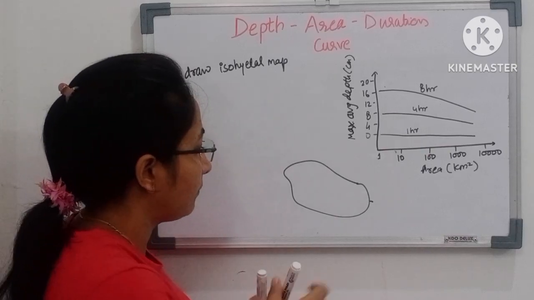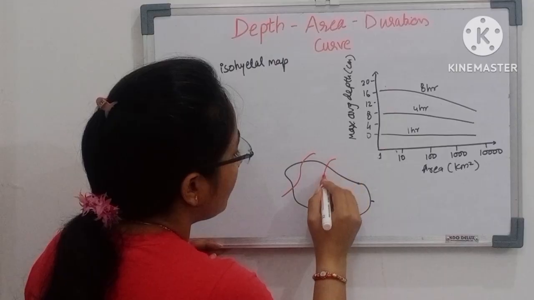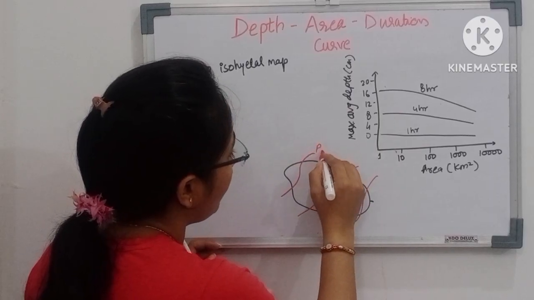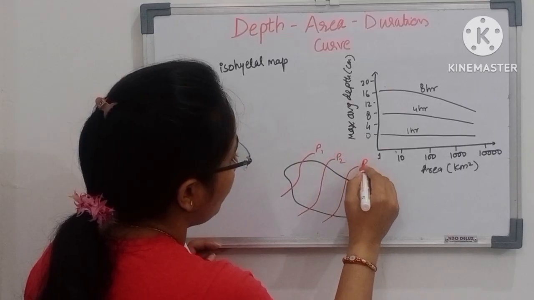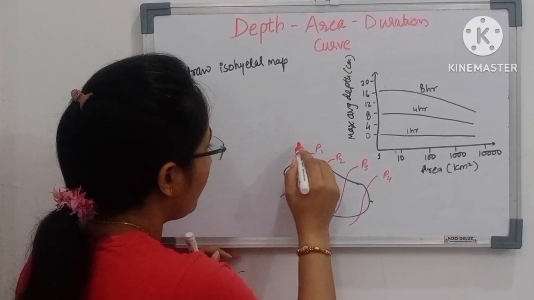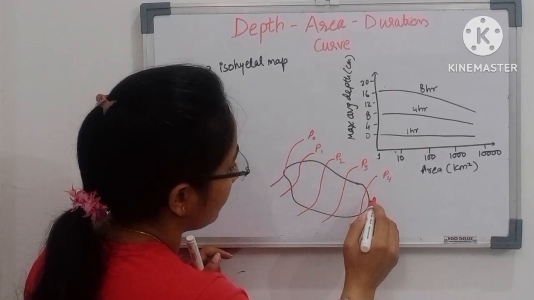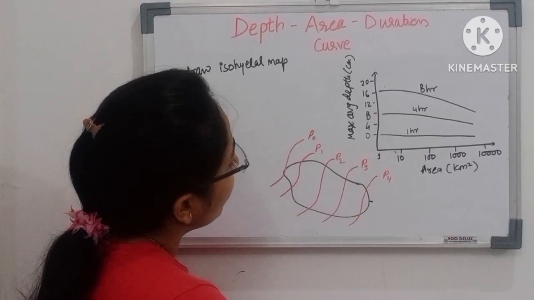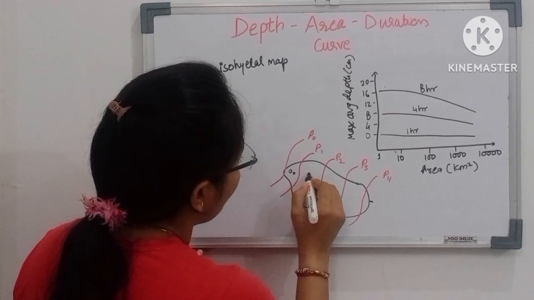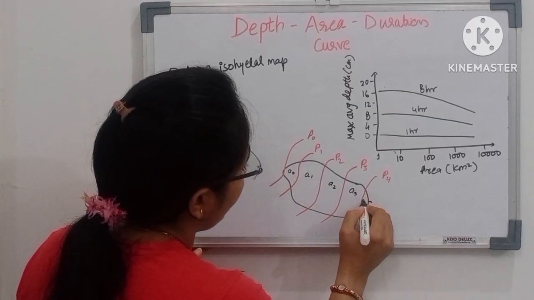These are our precipitation contours: P1, P2, P3, P4. Here is P0. And the areas are A0, A1, A2, A3 and A4.